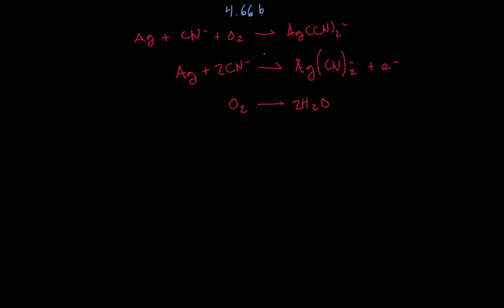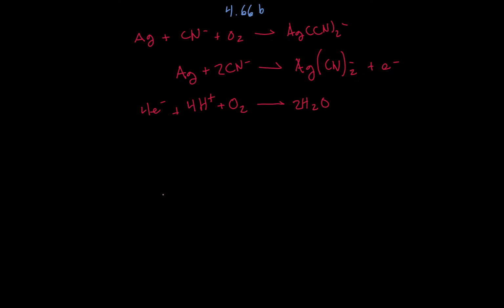But basic media means there's going to be some water present, so that's where your oxygen's going anyhow. So we balance that with water. We got 4 hydrogens over there, which means that now we need 4 protons over here. Then we need 4 electrons to balance the charge. So 4 electrons equals 0 over here. 4 hydrogens, 2 oxygens, 2 oxygens.